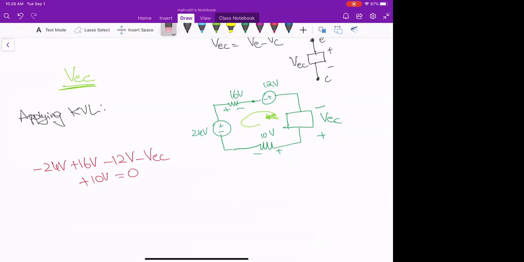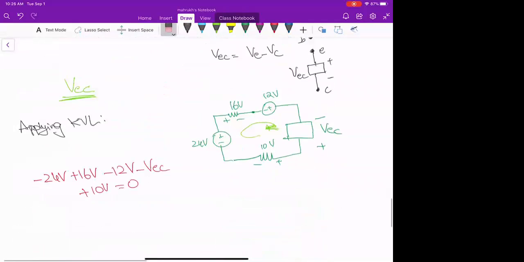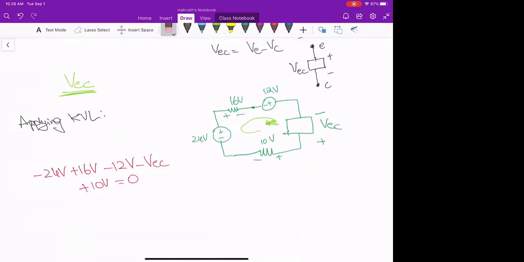So it will become VEC is equal to 16 minus 2, 14, minus 24 plus 14, and VEC is minus 10 volts, right? Yep.